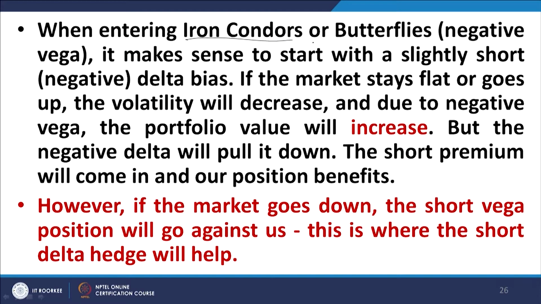Now, what happens if the market goes down? When the market goes down, the volatility increases. Your portfolio is Vega negative, so a volatility increase will result in a reduction in the value of your portfolio. But what happens to the short delta? Because your underlying has decreased in value, the short delta will operate in your favor.